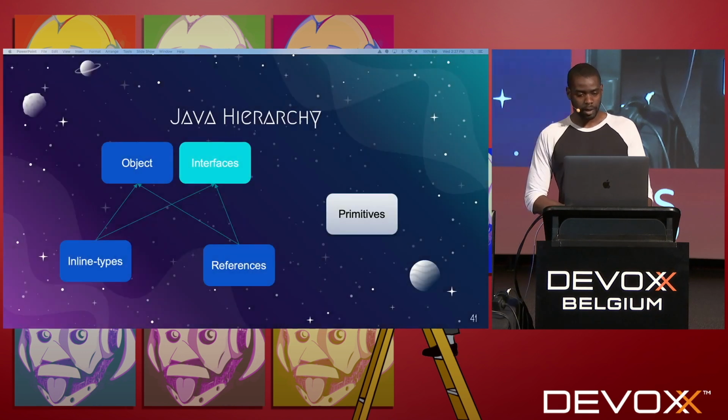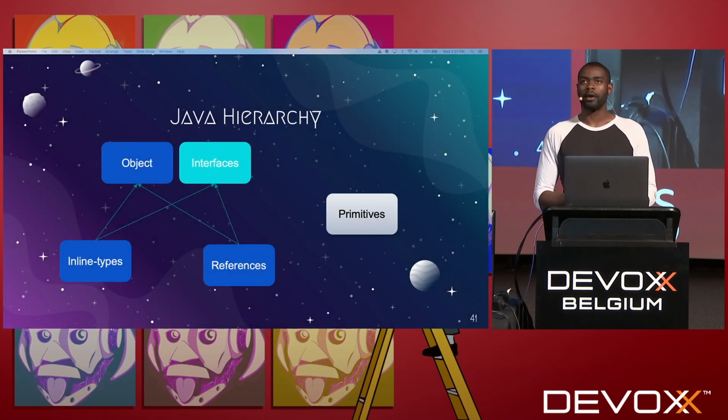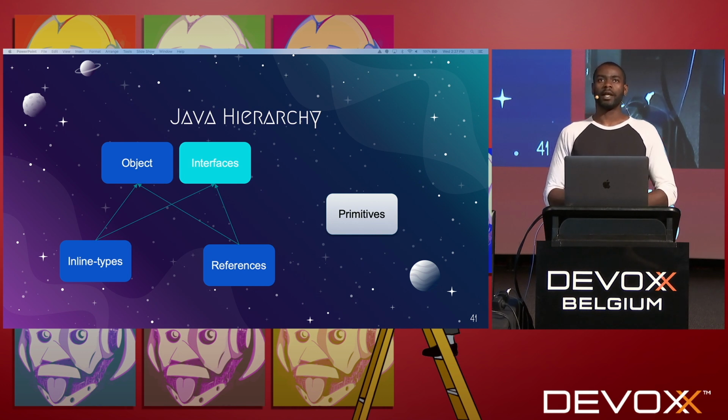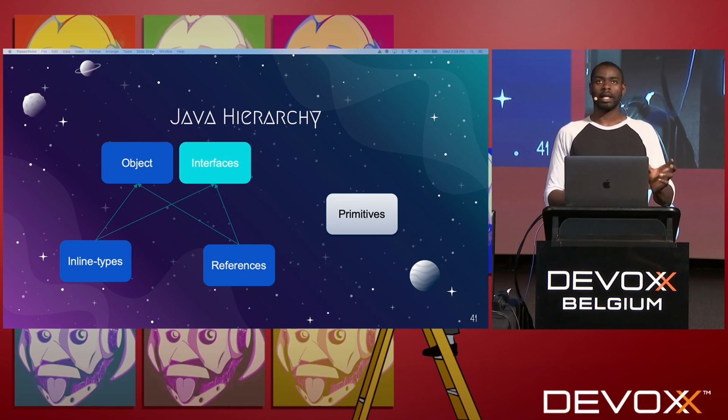So let's take a look at how inline types fit with the rest of the Java world. So here's the hierarchy. At the top, we have java.lang.Object and inline types subclass from java.lang.Object. It's the same as reference types. And you also have interfaces, so inline classes can implement interfaces. Because of this hierarchy, inline types can be used everywhere references can be used.